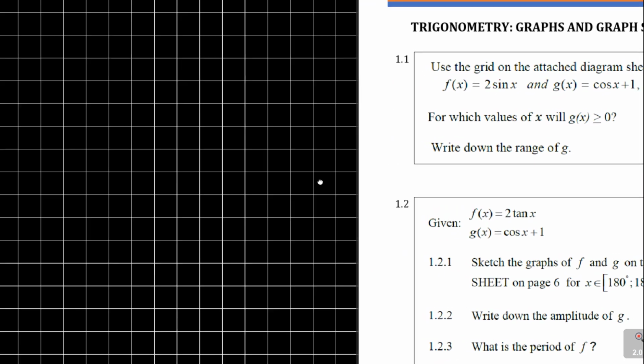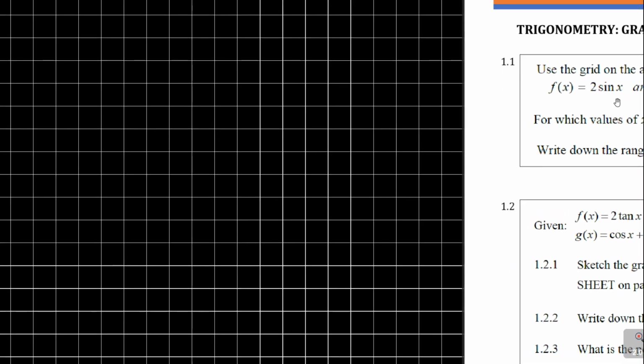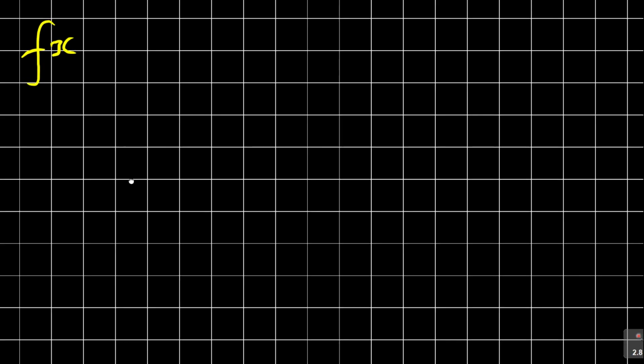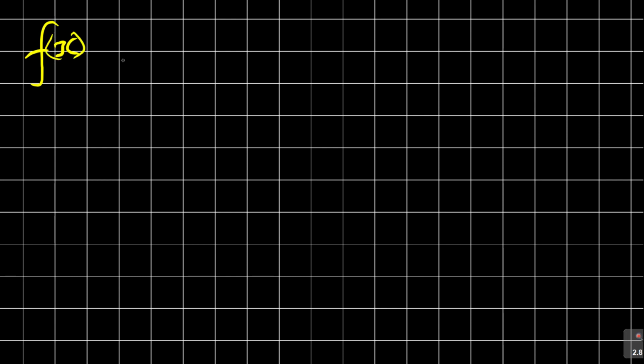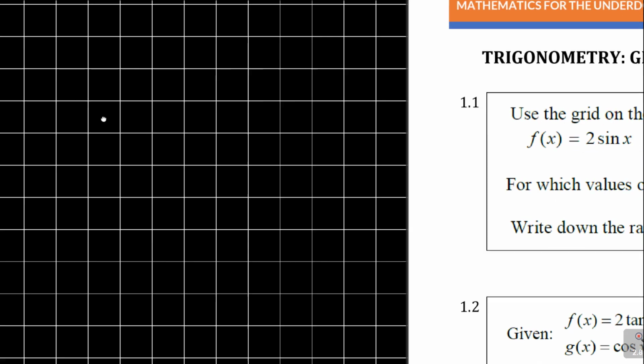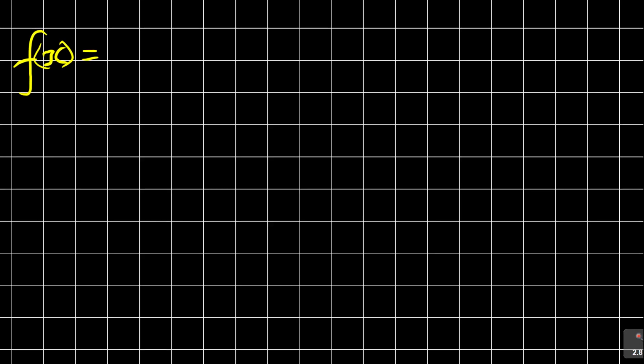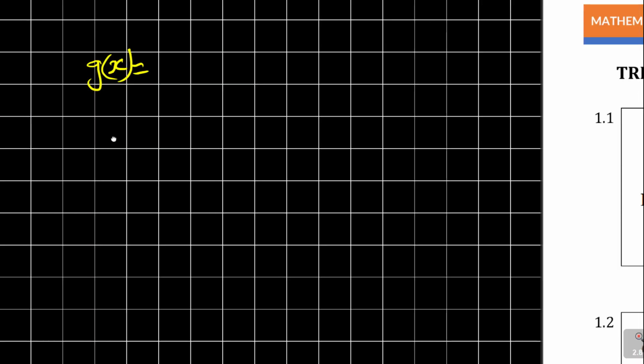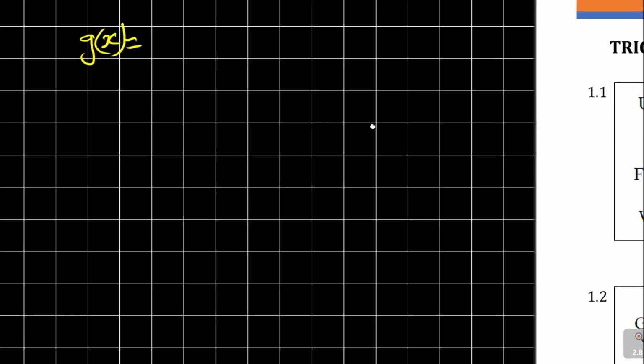So we want the graph of f of x is equal to 2 sin x, are you with me? And then the other one, g of x is equal to cos x plus 1.